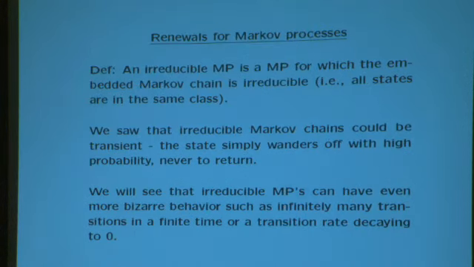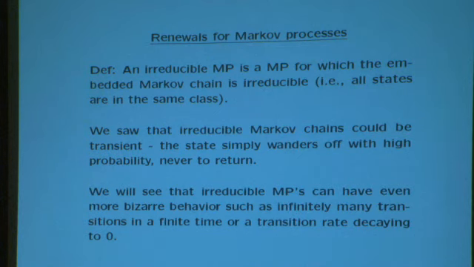Okay, so here we have renewals for Markov processes. And what have we done so far? We've been looking at the Poisson process, we've been looking at Markov chains, and we've been trying to refer to this new kind of process. Now we bring in the last actor, renewal theory.